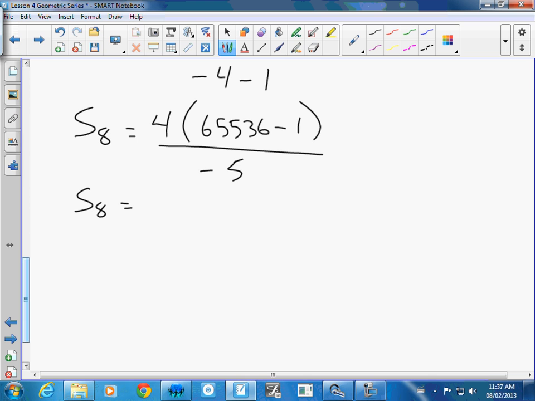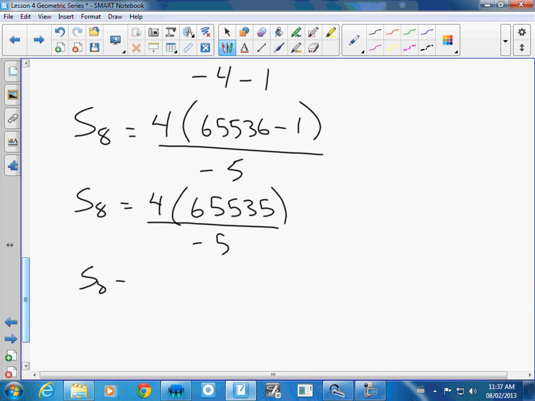So S8 equals 65,535 all over top of negative 5. Just do the math: 4 times that divided by negative 5. What is it? 52,428 negative? Is that right? Double check my math. Remember, I'm a math teacher. I script all the time.